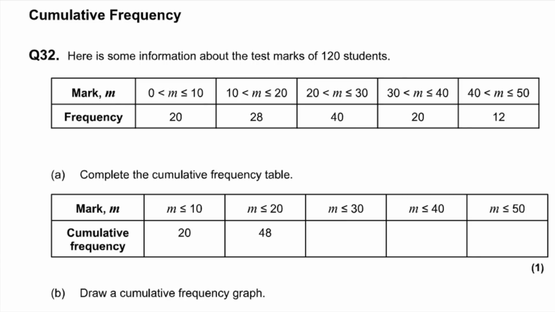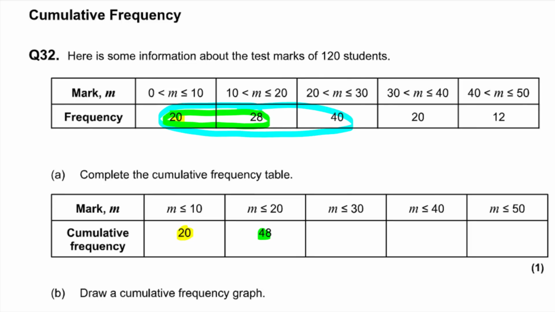Now, first cumulative frequency is always the same as the first frequency. The next cumulative frequency is going to be all the values up until that point, isn't it? It's going to be the 20 and the 40 and the 28 added together. That gives you the 48. Then the next value is going to be those three numbers added together.